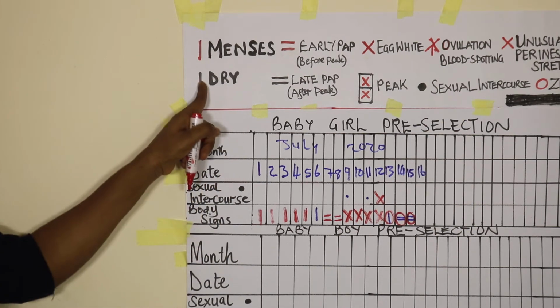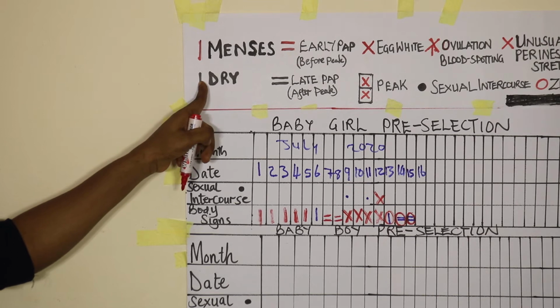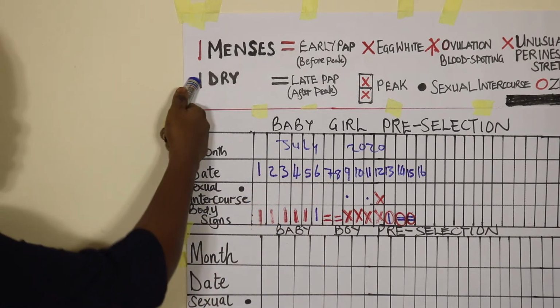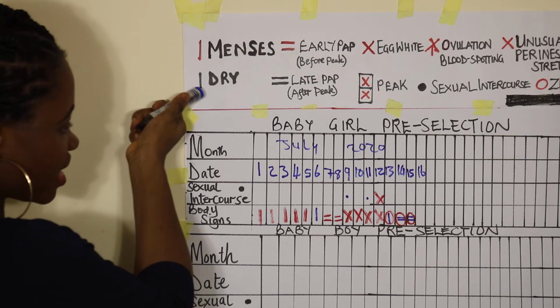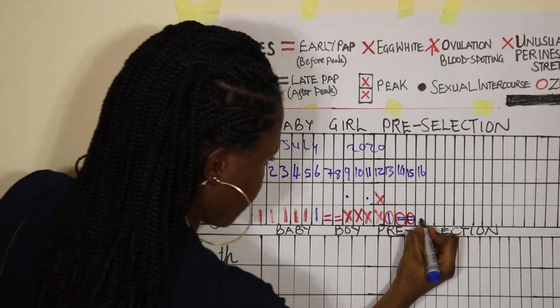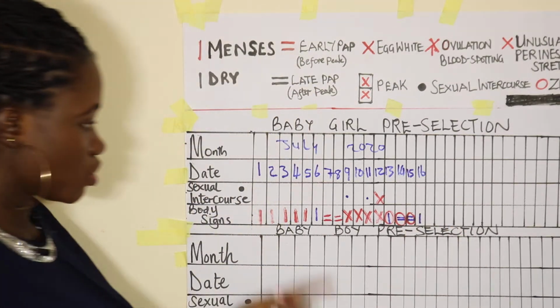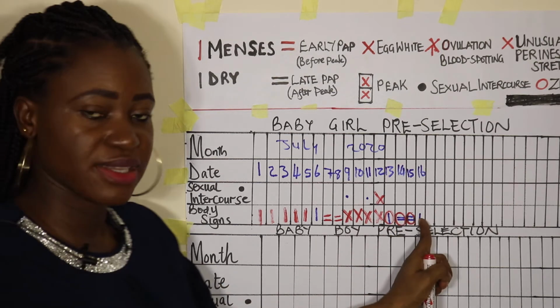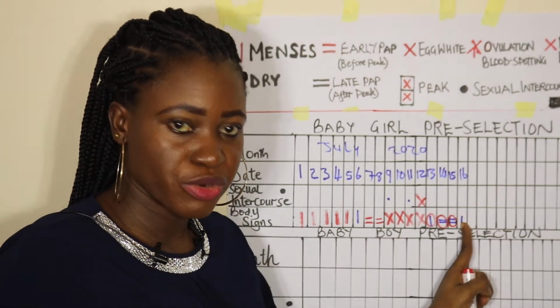Let's say today she was dry. Nothing came out from her vagina. It was clear. So she will bring her infertile dry sign here and mark here. So this lady who is trying to conceive a baby girl can start having sex again without protection.